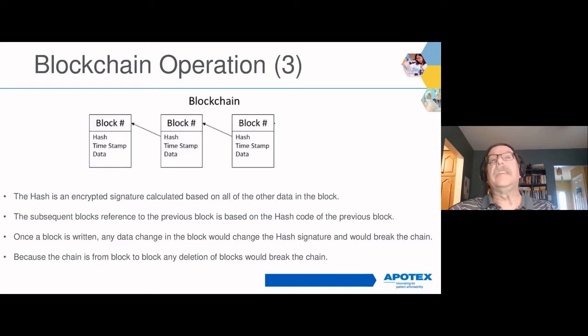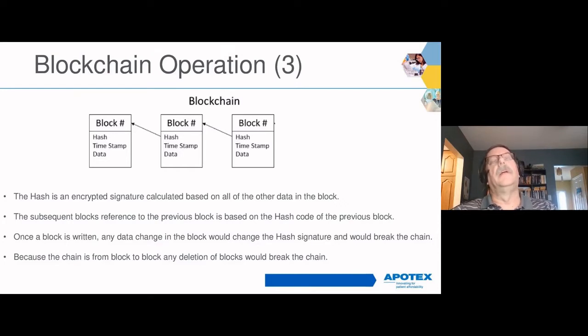Likewise, you can't delete any data after it's been written. If you removed a block from the middle of the blockchain, the chain would no longer exist because the third block in this case would no longer be pointing to the second block that's been deleted. So you've broken the chain.